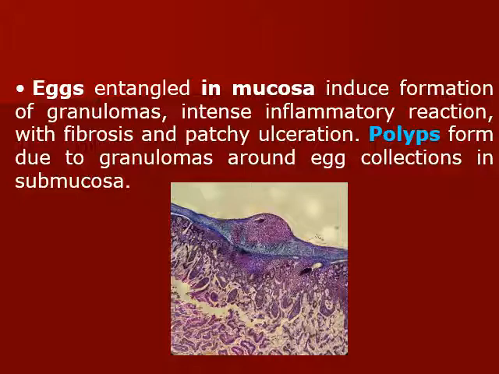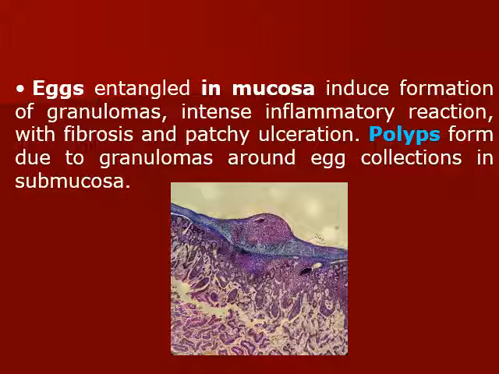This fibrosis looks pale when we do endoscopy, so it is called sandy patches because it looks like whitish or yellowish areas inside the pink mucosa.